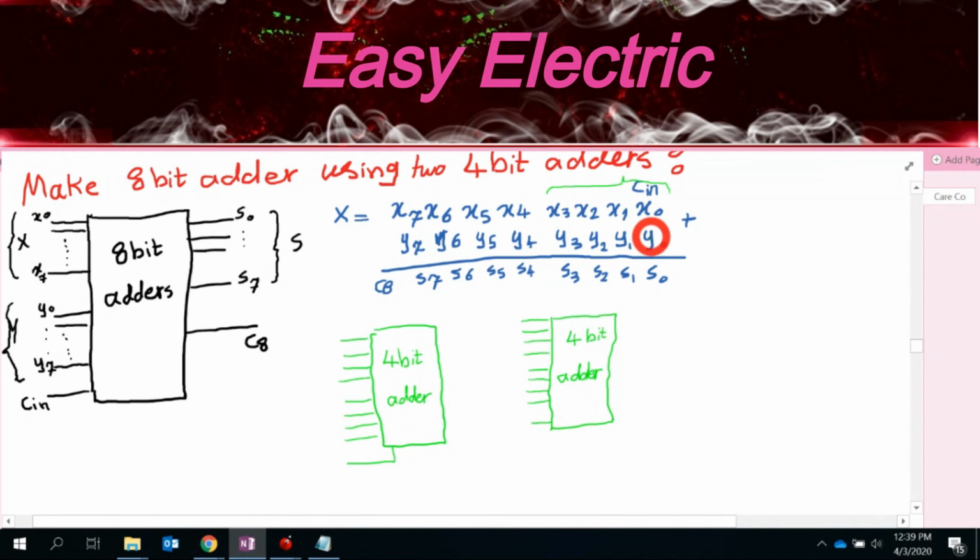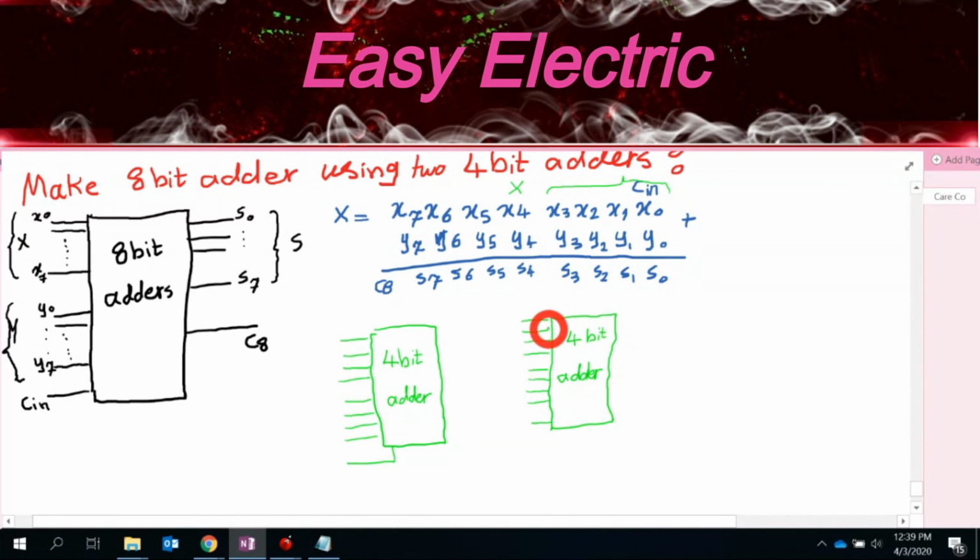So whatever, could I add these two numbers? The answer is yes, because in reality, you do the same thing, right? You just add this, whatever you got here as a carry, you actually use that carry for the second half, which is again adding two numbers with 4 bits.